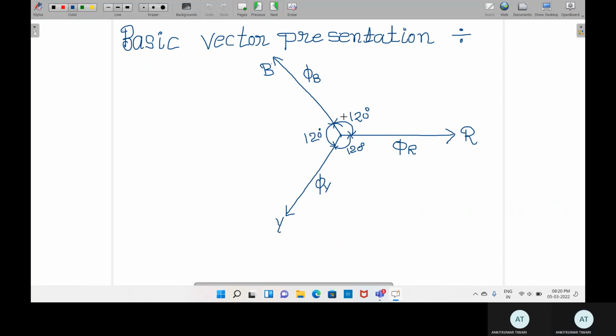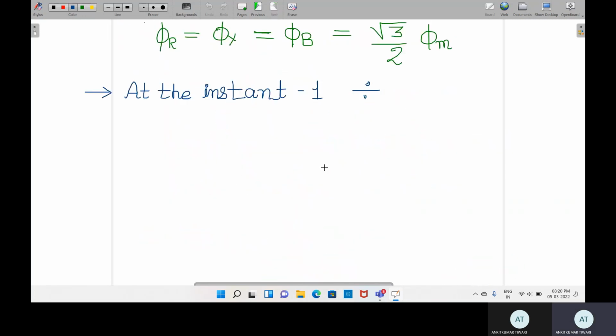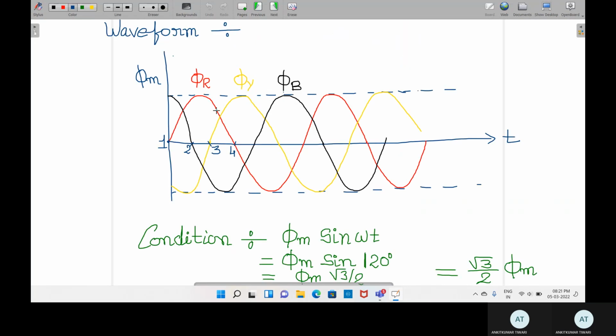So the phi r axis will not be drawn, because phi r is 0. So we will not draw it. This is neglected, so let us remove it. Now what is remaining? Phi y.